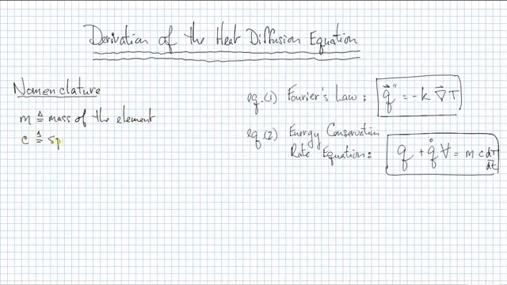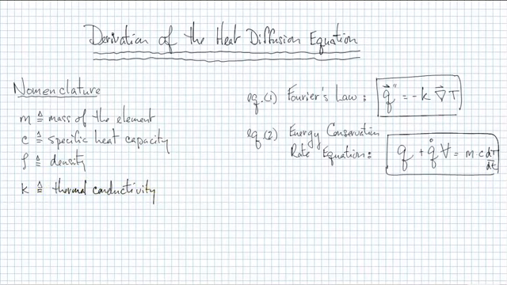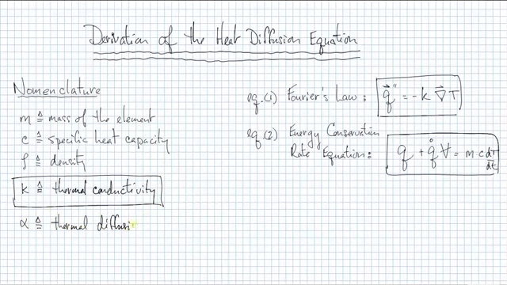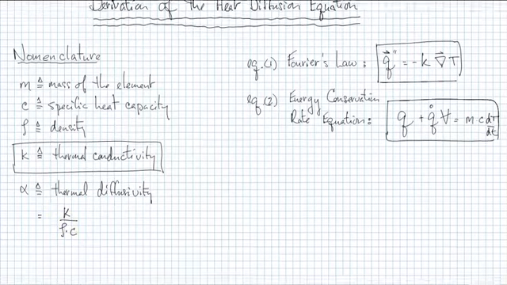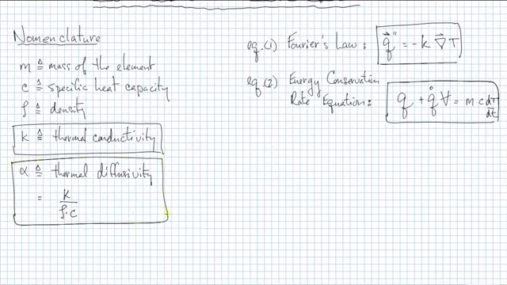Then there's the specific heat capacity of the element, that's c, in joules per kilogram K. The density, the thermal conductivity, the prime physical properties for conduction analysis, let's box it up, that's in watts per meter K. And a new one, the thermal diffusivity, which is a property that's a combination of other properties, k over rho Cp, thermal conductivity over density times specific heat. Let's box that one up too. Its units, by the way, dimension is meters squared per second.